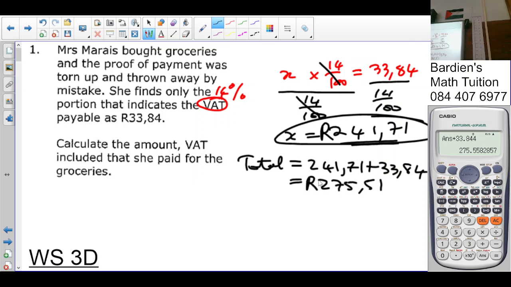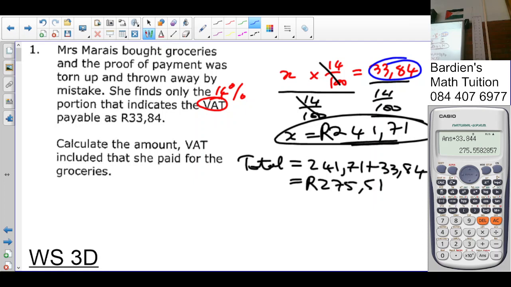Of course, there's another way of doing this. It's not going to work here because the VAT amount is excluded. You are only given the VAT amount. If you do that, then you're going to actually calculate 14% of this amount. You see, because what are we calculating? We are calculating the amount of the groceries.